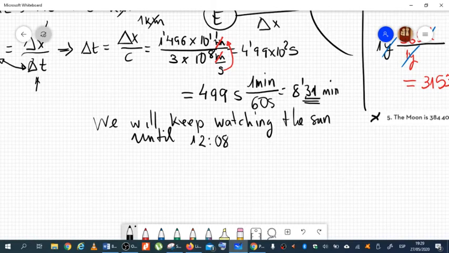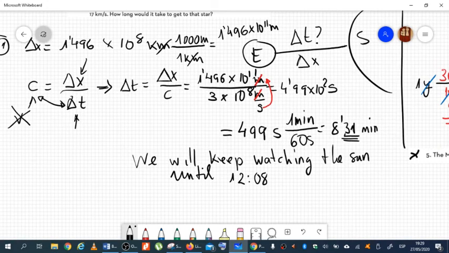So we will keep on watching the sun 8.3 minutes after the sun has disappeared.